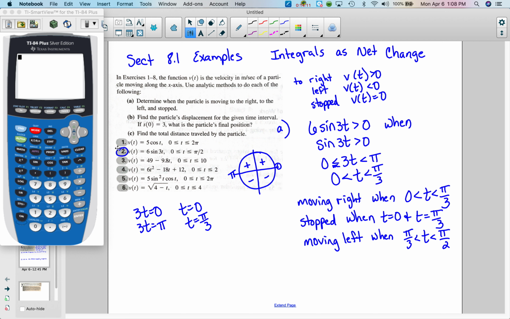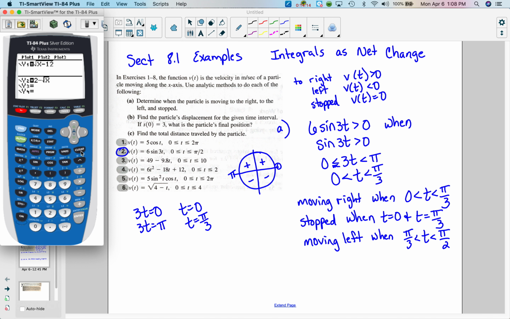Now, how could you do that on your calculator? Suppose you graphed y equals 6 sine 3x, making sure, by the way, that you are in radians, and I'm going to adjust my window from 0 to pi over 2, and let's take a look at that.